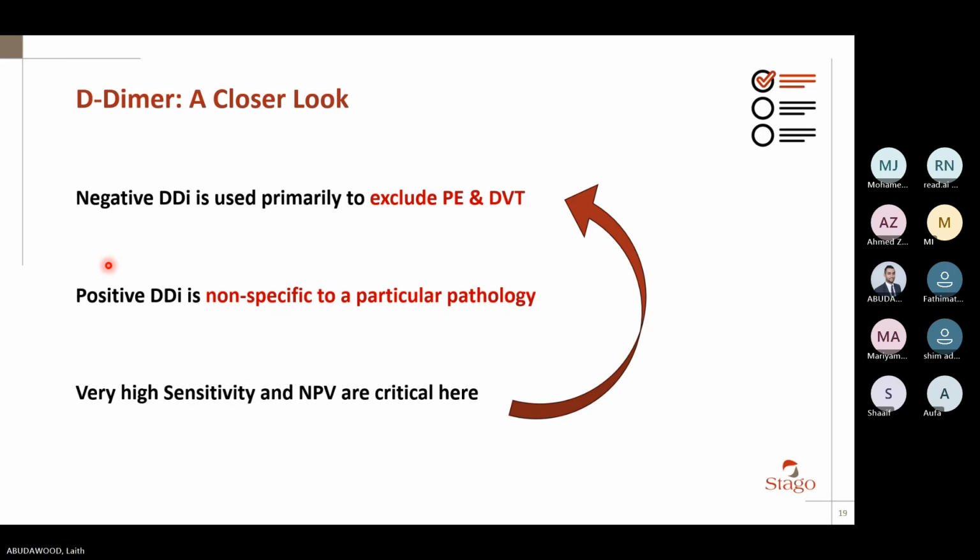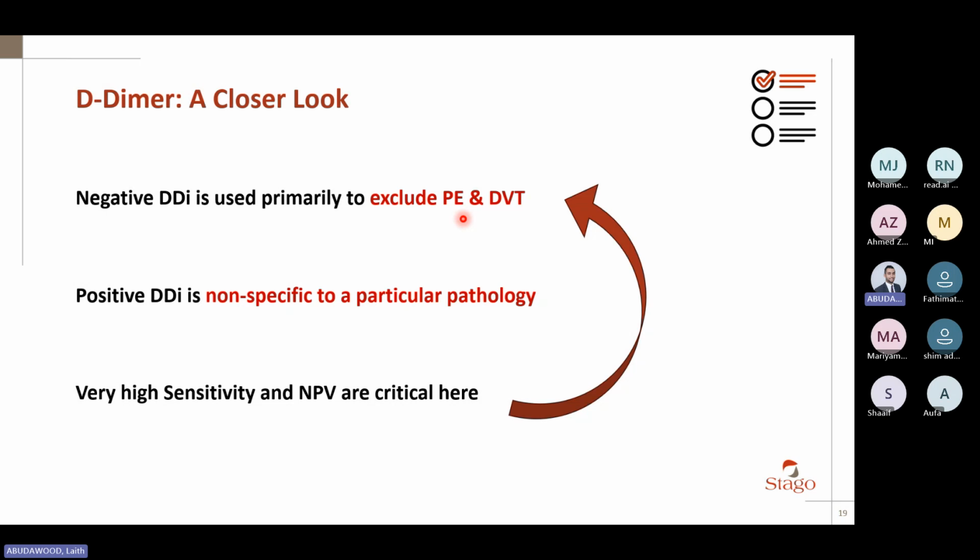However, D-dimer was validated for the very specific following use. When D-dimer is negative, in certain circumstances, we can say that the patient is not having PE or DVT. PE is pulmonary embolism. DVT is deep vein thrombosis.